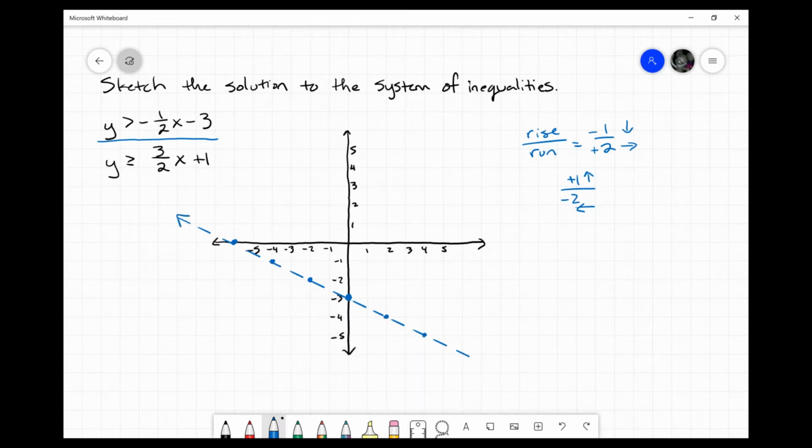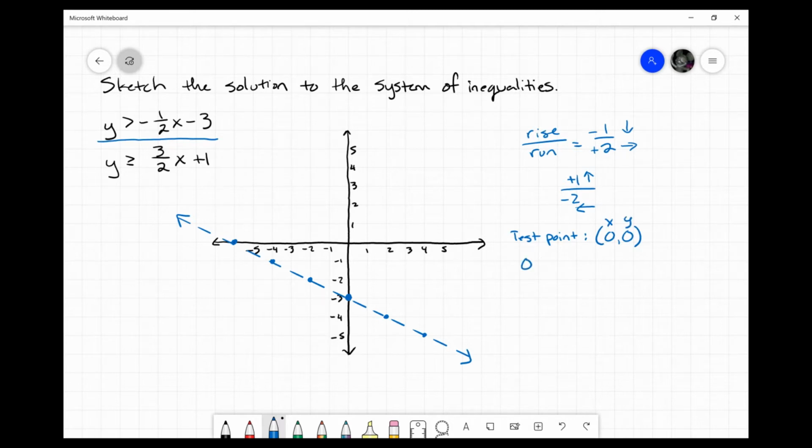That means the values on the line do not satisfy the inequality. And then I also need to determine shading. So I'm going to use the test point of the origin. It's not on the line of our inequality. So y and x are both going to be 0.